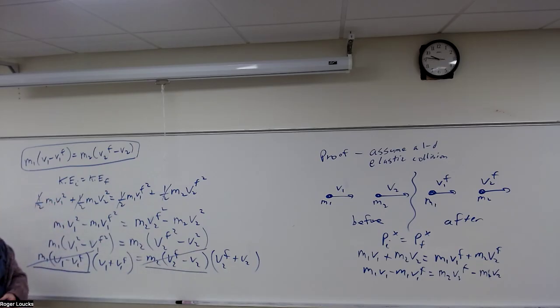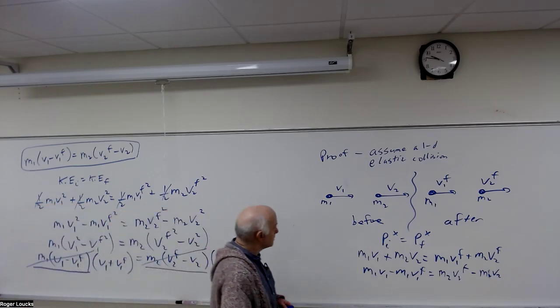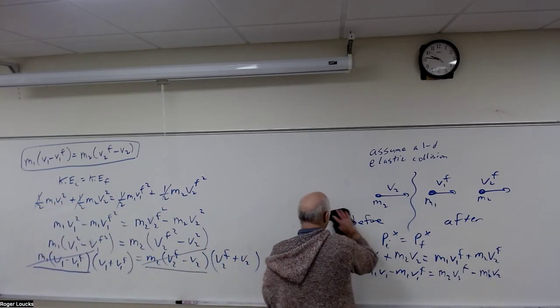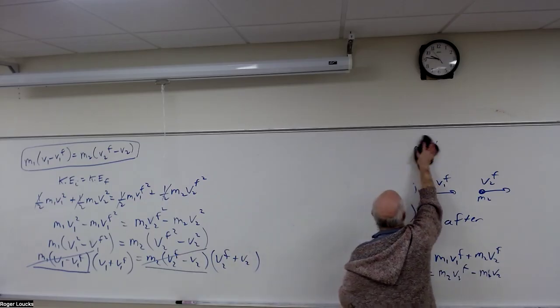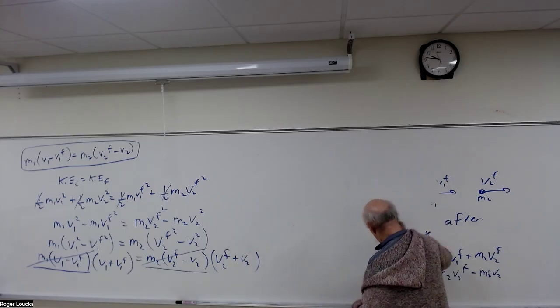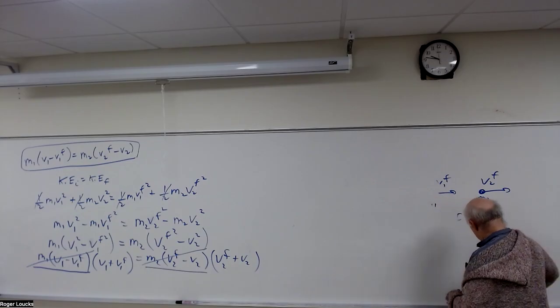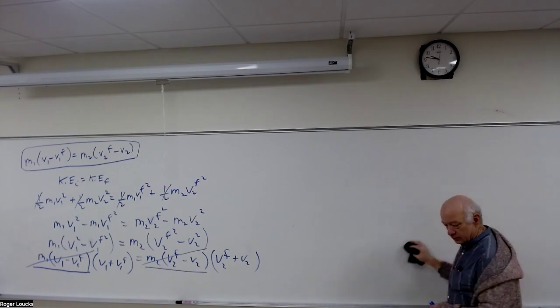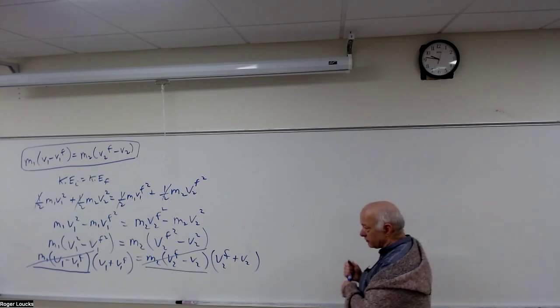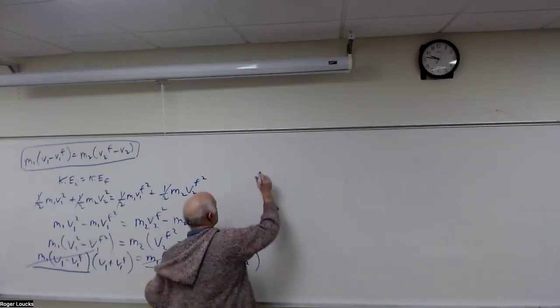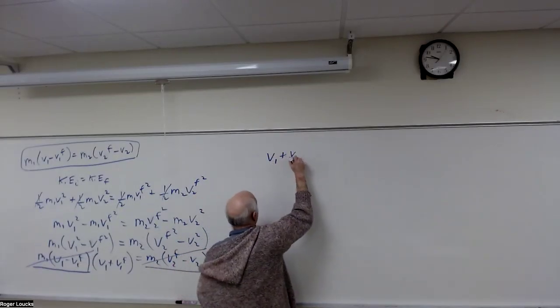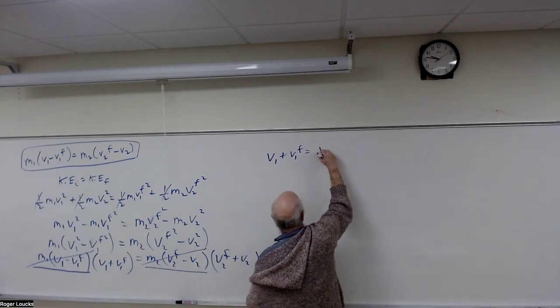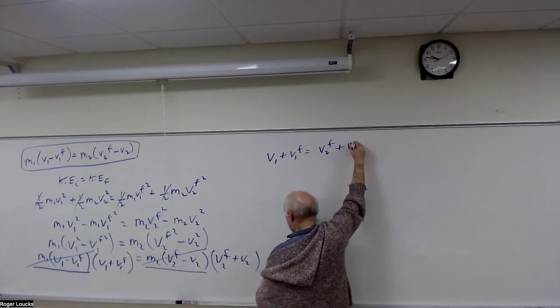Again, I would have felt very proud of myself if I did this for the first time, but I didn't. But what am I left with? I'm left with this term here: V1 plus V1 final equals V2 final plus V2.